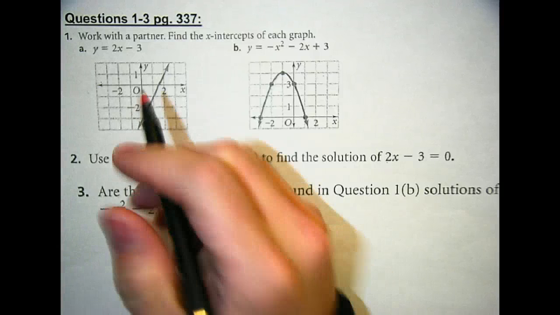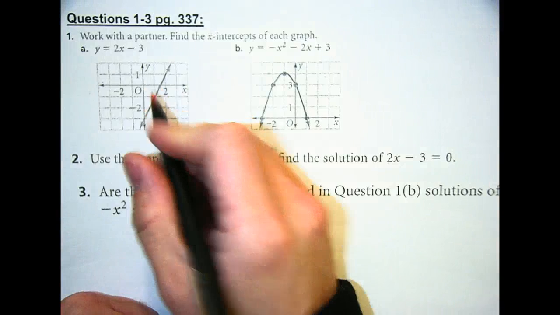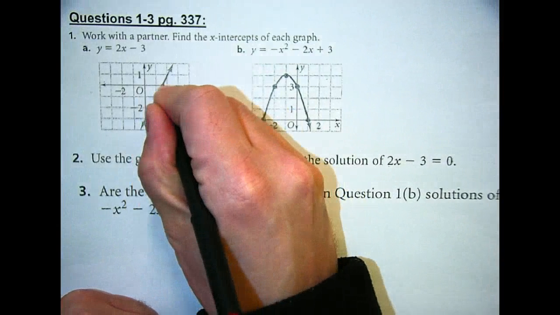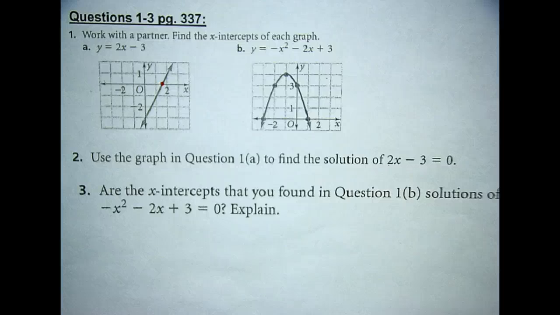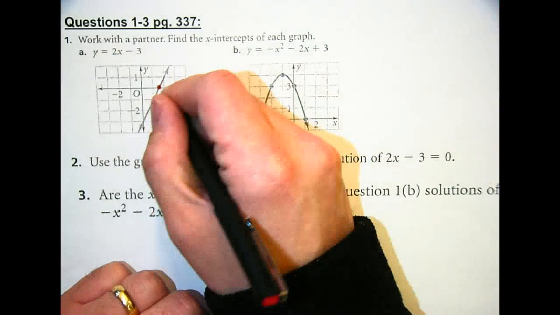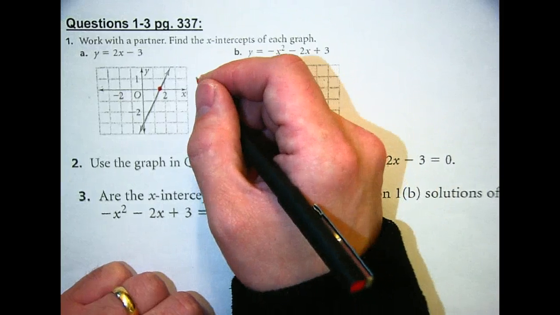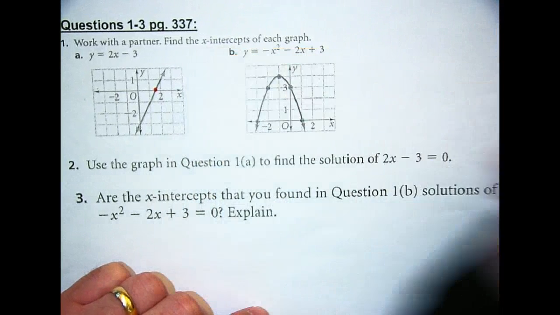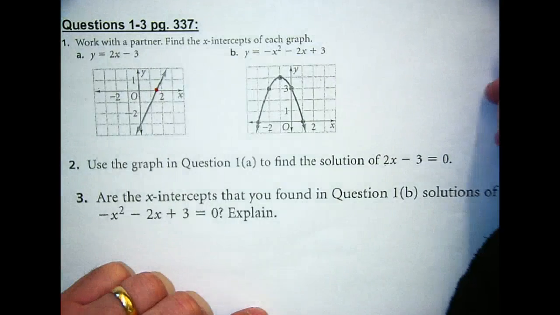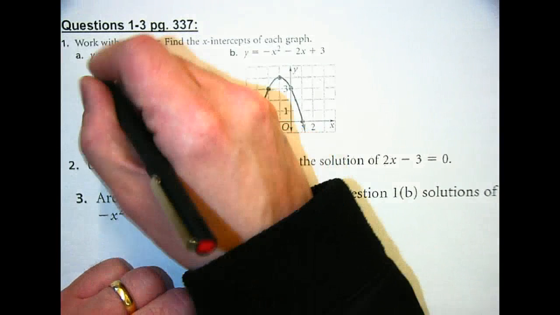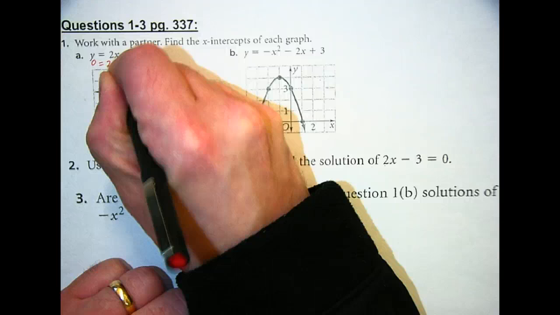All right, volunteer. What's the x-intercept here? 3 halves. Everyone agree it's 3 halves? Did anyone say 1.5? Same thing as 3 halves. How'd you get 3 halves? The x-intercept is when y is 0, so y equals 2x minus 3.